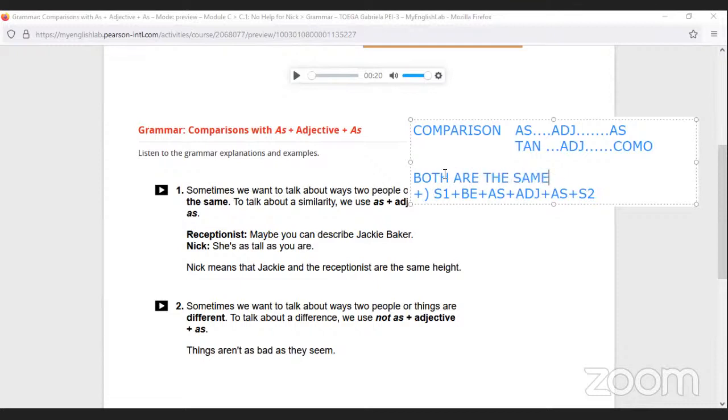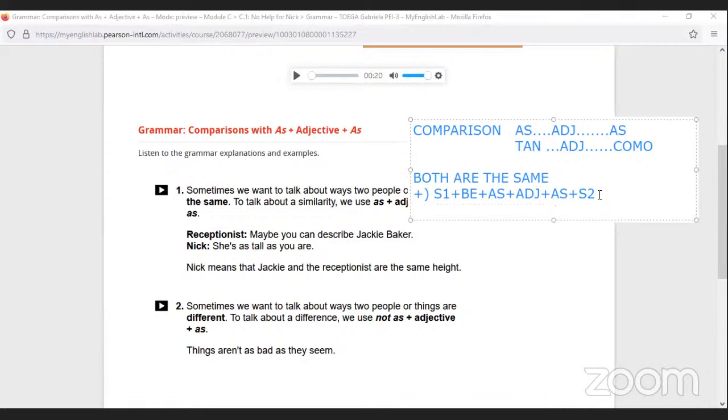So both are the same. We are not going to have one is better than the other or one is worse than the other. When we use comparisons with as, the first one is similar to the second one, okay?